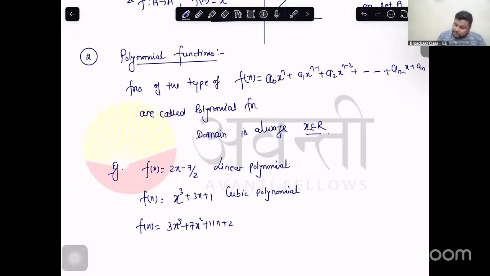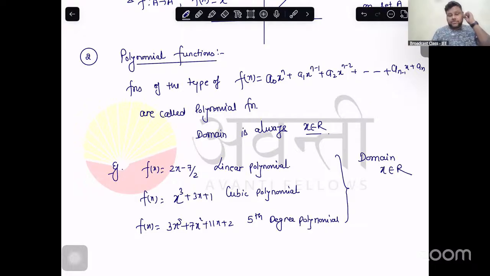This is what we call a fifth degree polynomial. Now in all the cases, domain is what? Domain is x belongs to R.